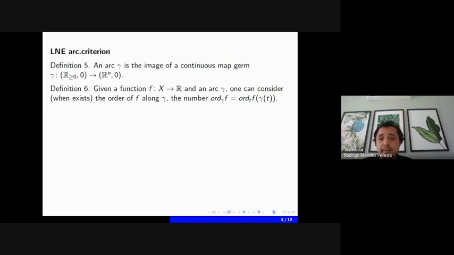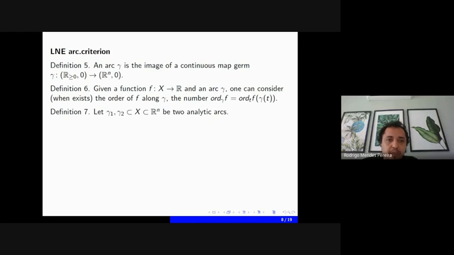This number is given by the order of the function composed with this arc. This is possible, for example, if f is analytic or subanalytic and this arc is subanalytic, or more generally, if this structure is polynomially bounded, then this exponent is just the exponent of this function. It's a series with fractional exponents.